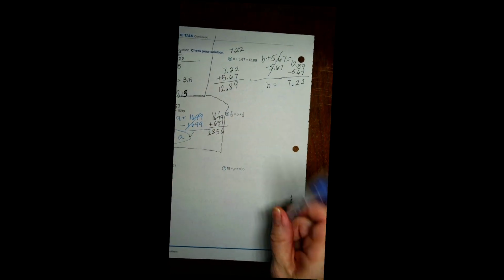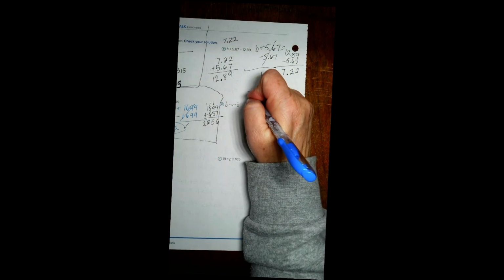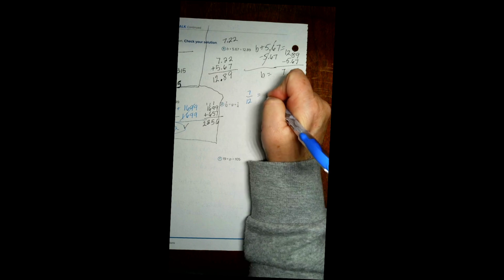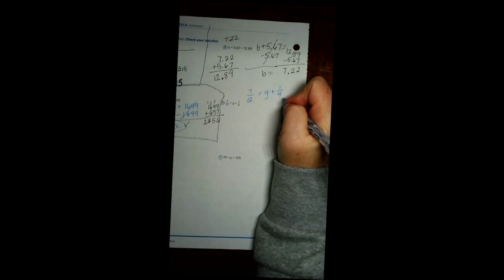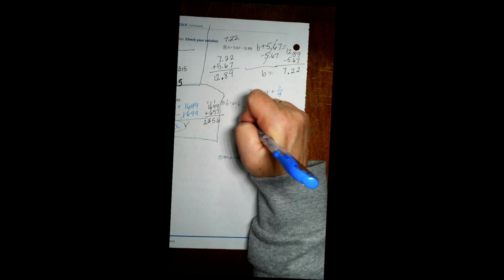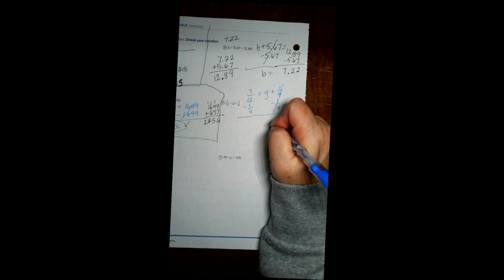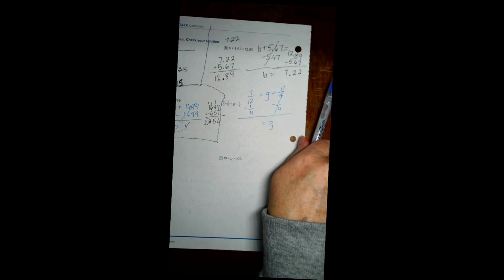Okay. 7/12 equals g plus 1/4. So 7/12 equals g plus 1/4. Okay, so we need to subtract 1/4 from both sides. Over here, we get just g. Here we have 7/12 minus 1/4. Well, I need a common denominator.